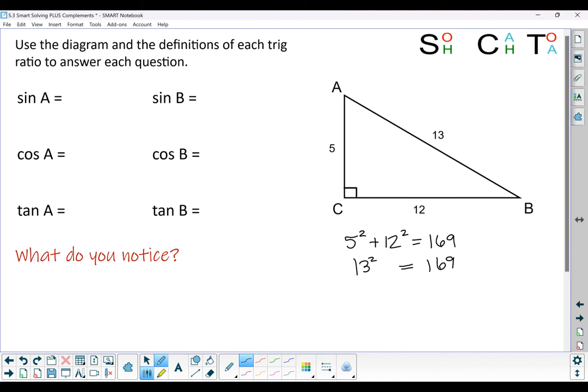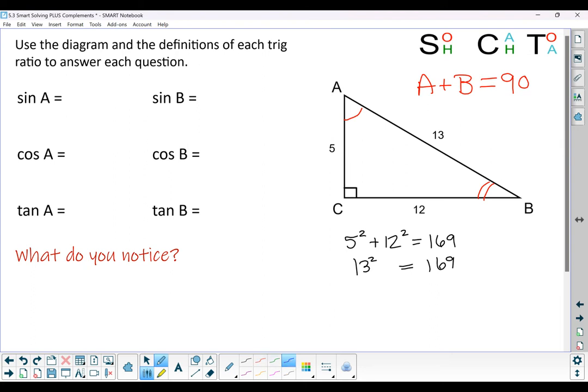So this definitely is a right triangle. Another thing to notice is that angle A and angle B, because we're in a right triangle, have to add up to 90 degrees together.